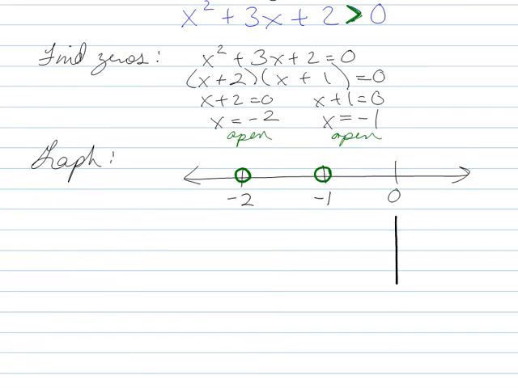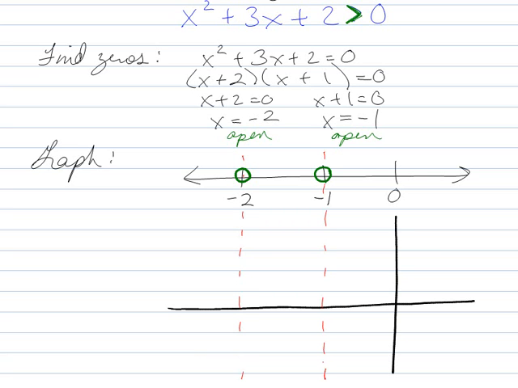Then we go in here and we would take our hybrid method. We'd say, okay, well, we've got 1, 2, 3 sections to deal with. So I'm going to graph y equals x squared plus 3x plus 2 on my calculator and see what it looks like.